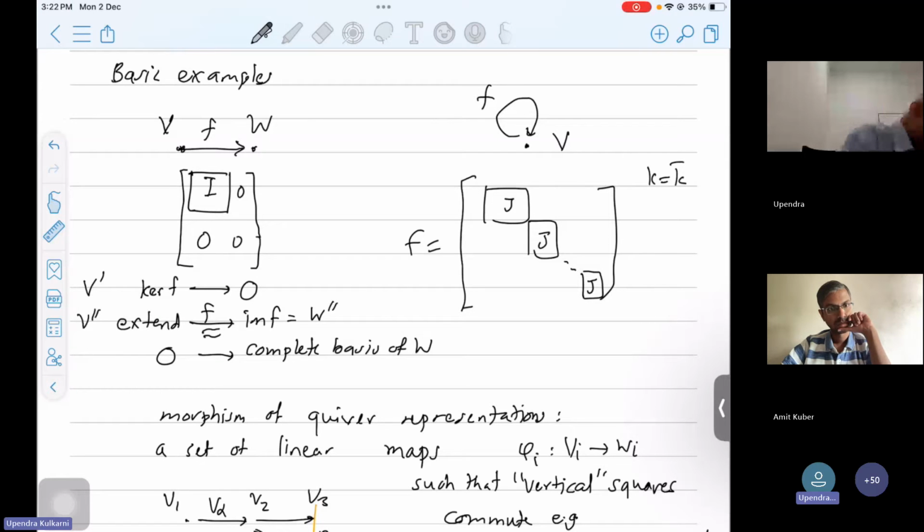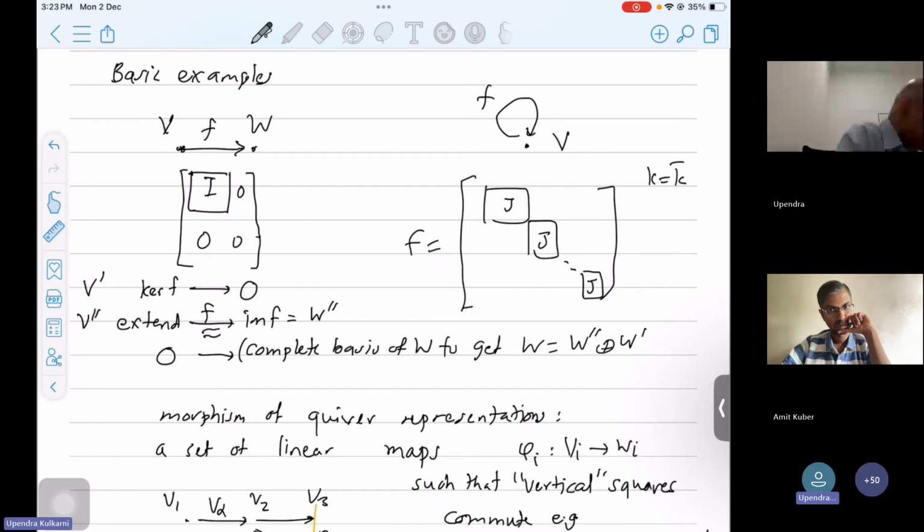And when I complete a basis of W by starting with a basis of W double prime and adding something, I'm going to call the remaining part W prime.